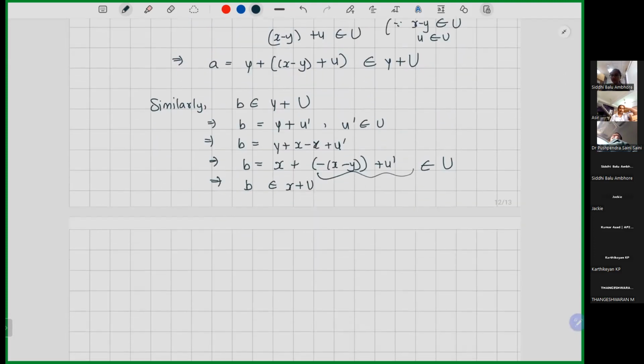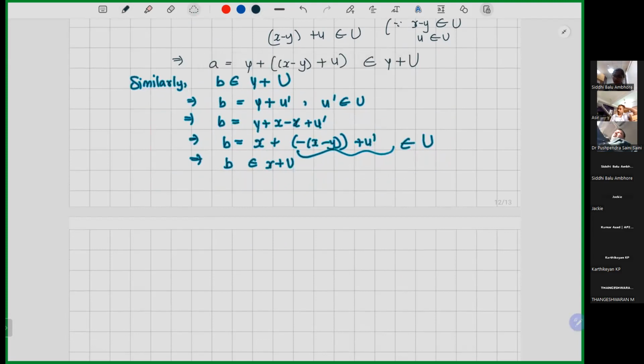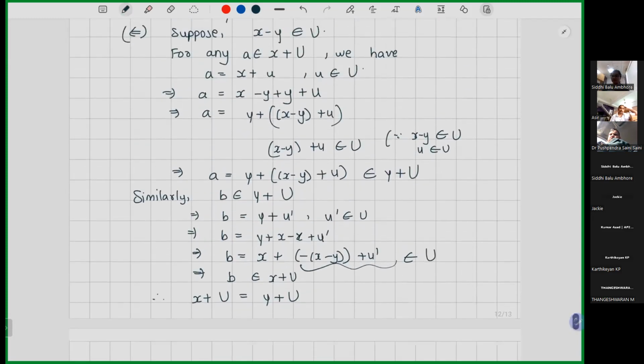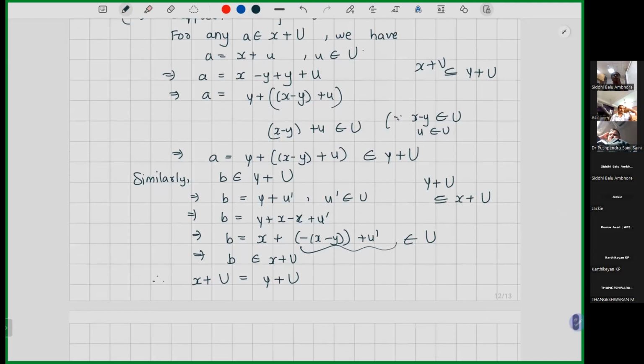And since I got that both the sets are subsets of each other, I can say that x plus u is equal to y plus u. So when I do this, it implies that x plus u is contained in y plus u. And when I do this, I mean y plus u is contained in x plus u. And just following the set inequality, I get that the two sets are equal.